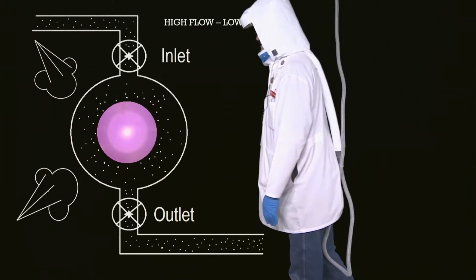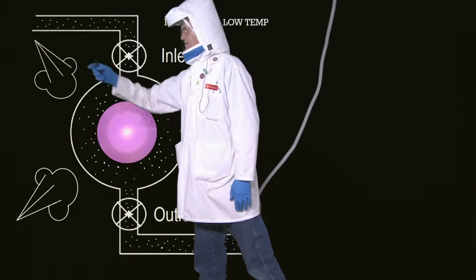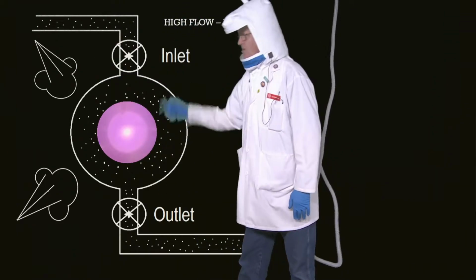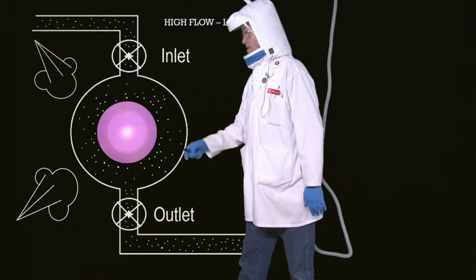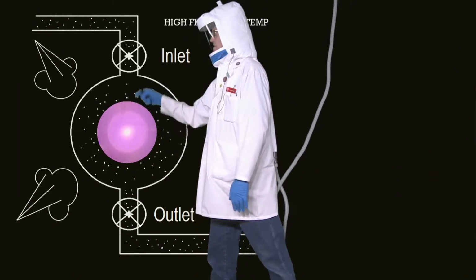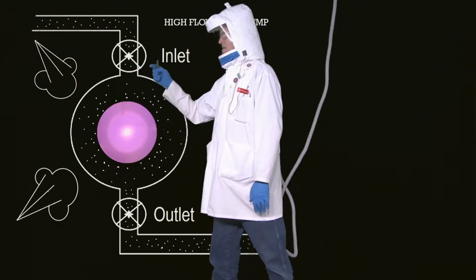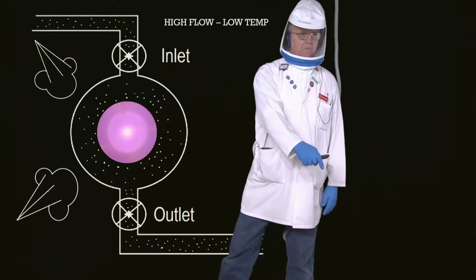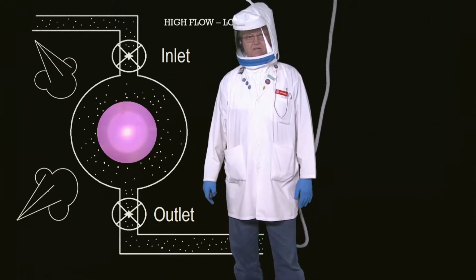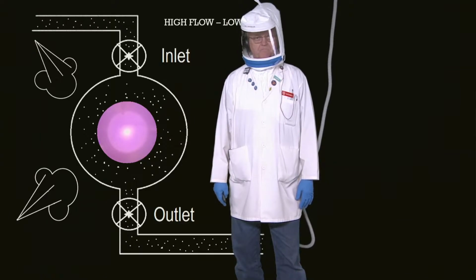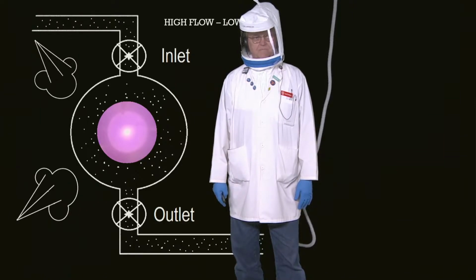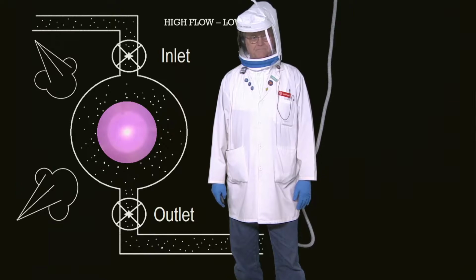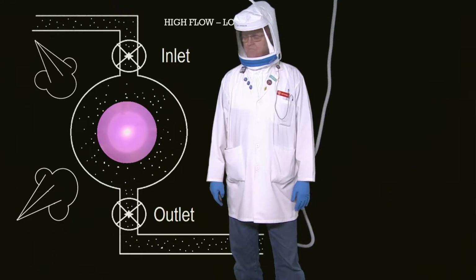So contaminants decrease it. Now think about if I'm flowing a lot of gas through and I'm replacing the volume in here at a very, very high rate, how is that going to help the situation? Well, because it's going to be pumping the things that are contaminating it out. Absolutely.